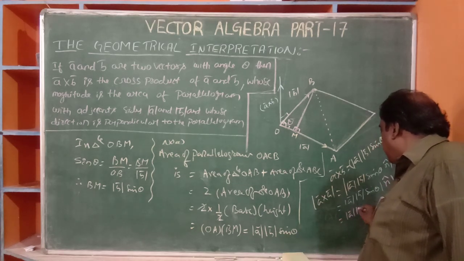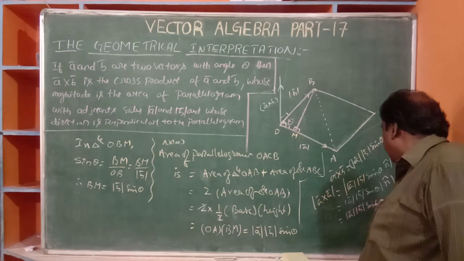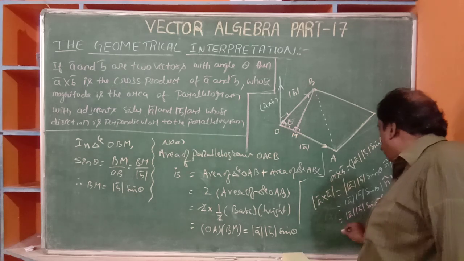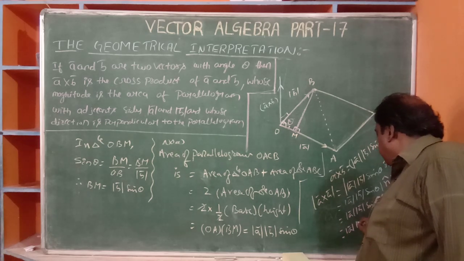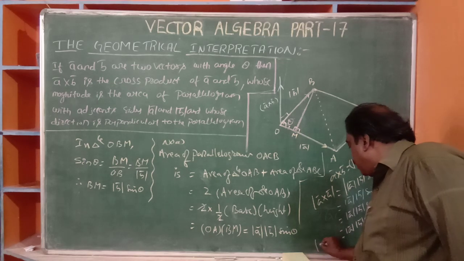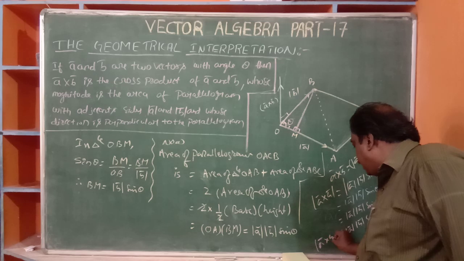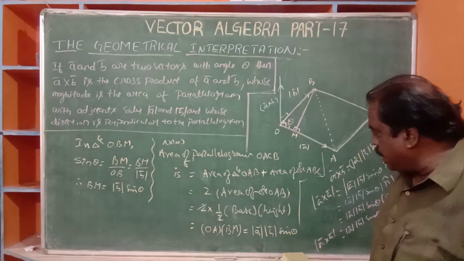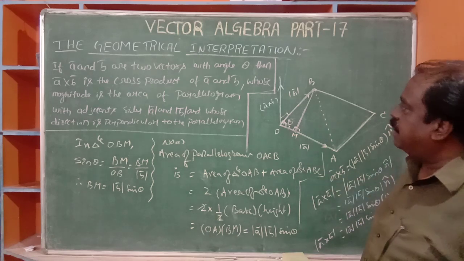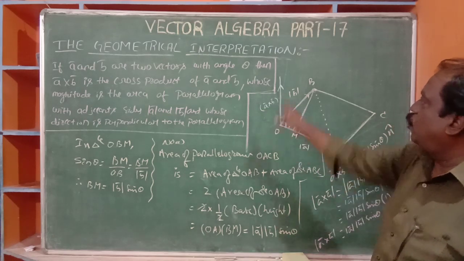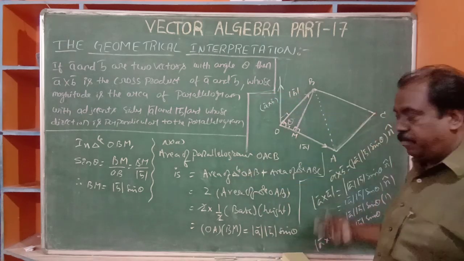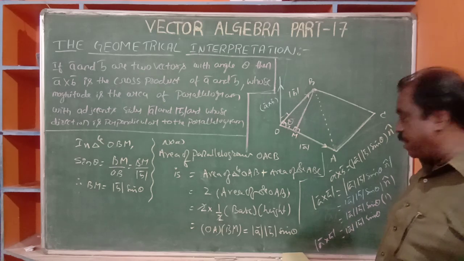It is mod A bar, mod B bar, sin theta. The modulus of n cap, a unit vector, is 1. So again we get mod A bar, mod B bar, sin theta. This is the modulus of A bar cross B bar, which is nothing but the area of the parallelogram whose adjacent sides are A bar and B bar.